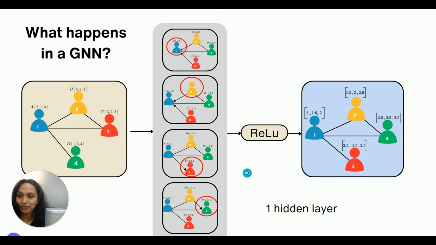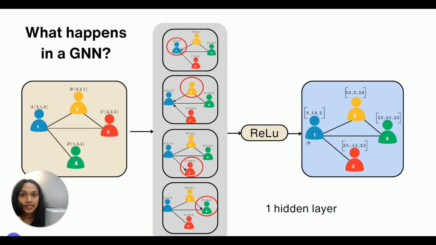So this happens in one hidden layer of a graph neural network. So the input of this hidden layer was the features of that graph, and after that the nodes were initiated, and it calculated the aggregated message, and finally it updated the nodes.